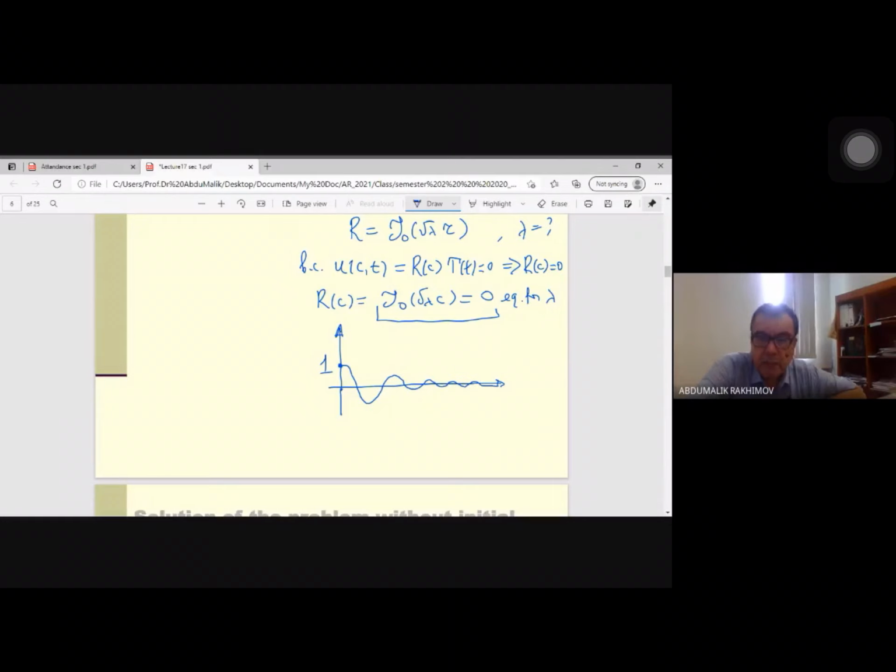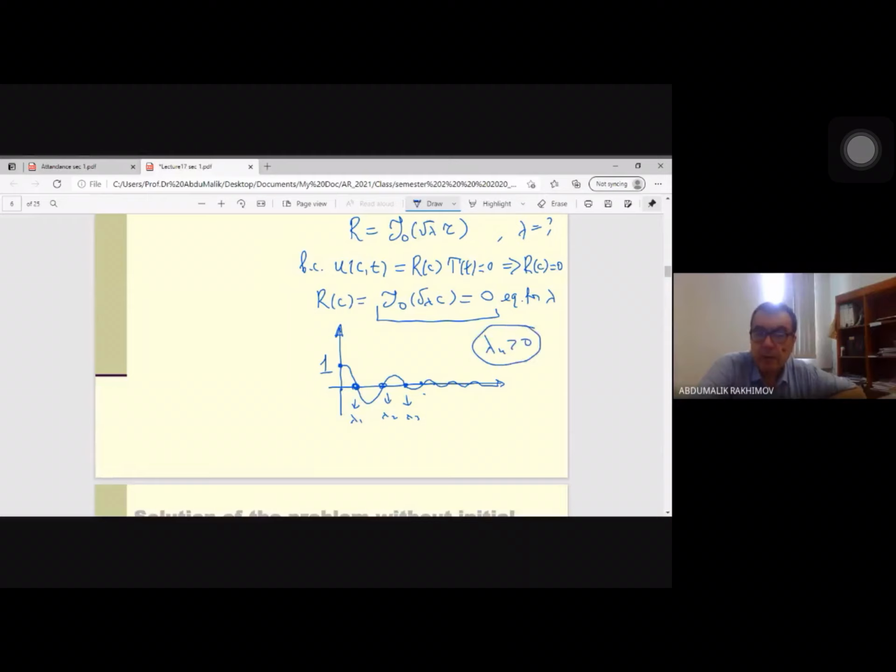Each time it intersects the axis, it gives a zero. So this is one zero, another zero, another zero, another zero. The first zero is positive, so from this you find lambda 1, from the next lambda 2, then lambda 3, and so on. So lambda 1 is less than lambda 2, less than lambda 3, etc. We find that all lambda n are positive.